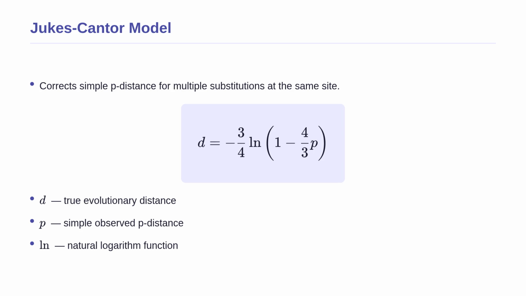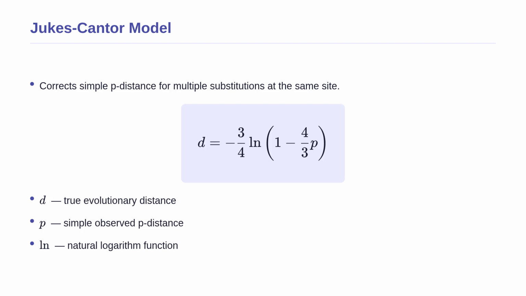To solve the problem of hidden mutations we just discussed, we use the Jukes-Cantor model. This formula mathematically stretches the observed distance to account for multiple substitutions at the same site. Here, the variable d represents the true evolutionary distance. The variable p is the simple p distance we learned to calculate earlier.